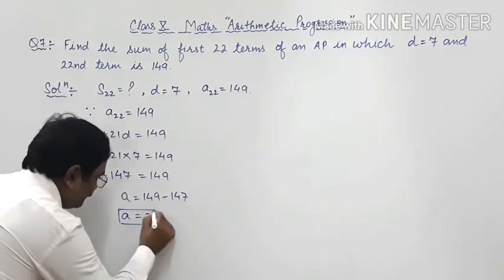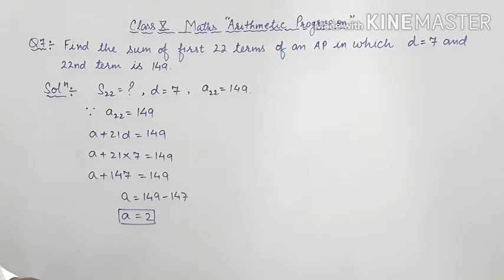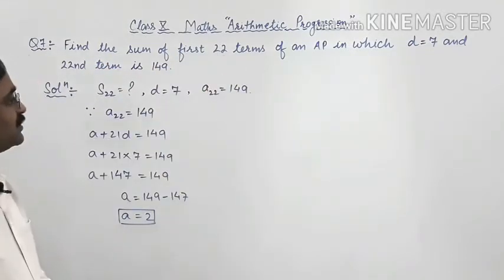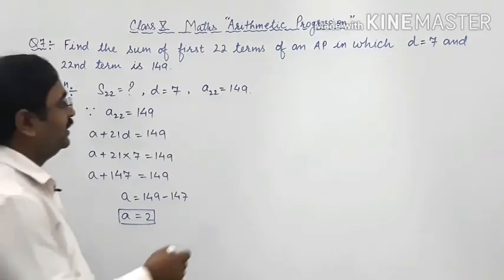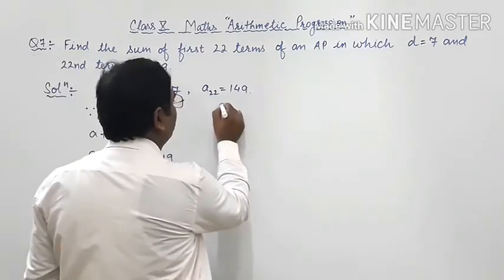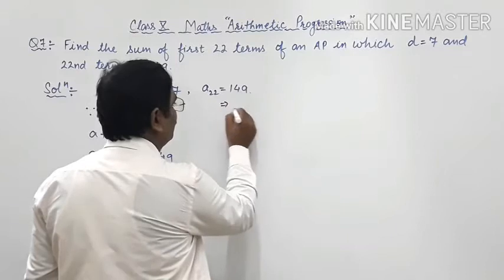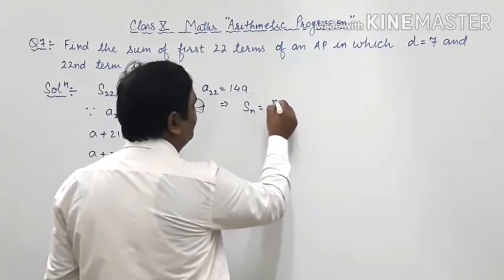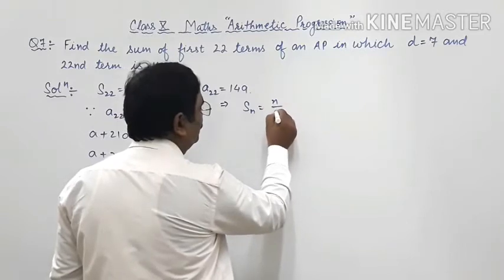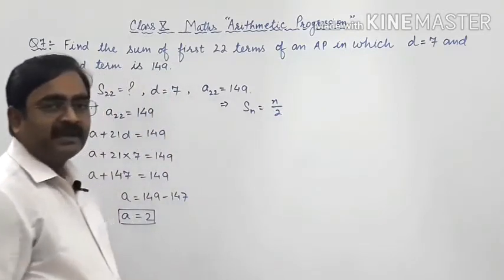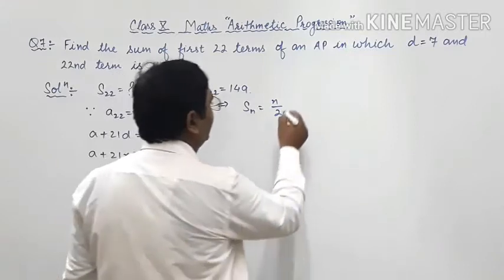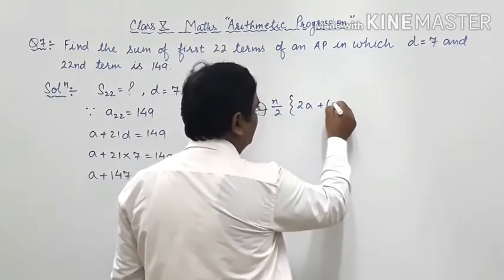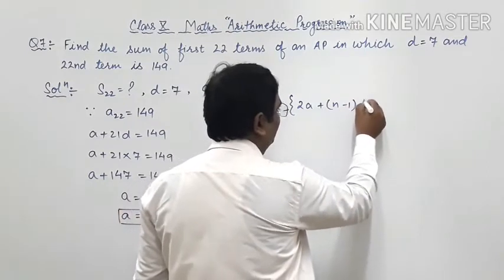first term. But here the question is asking to find the sum of 22 terms. So S22 we have to find out. To find S22 we need to use the formula of Sn. Sn is equal to n upon 2 into 2a plus n minus 1 into d.